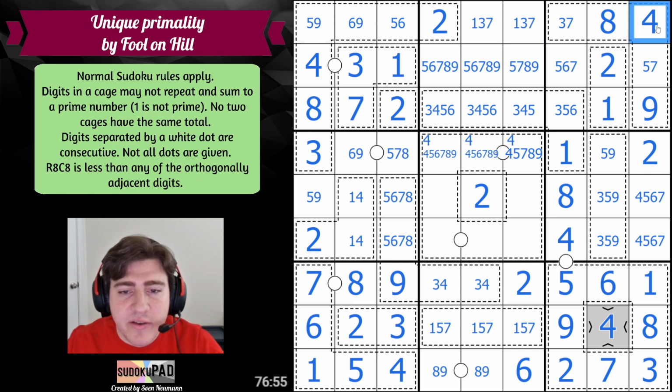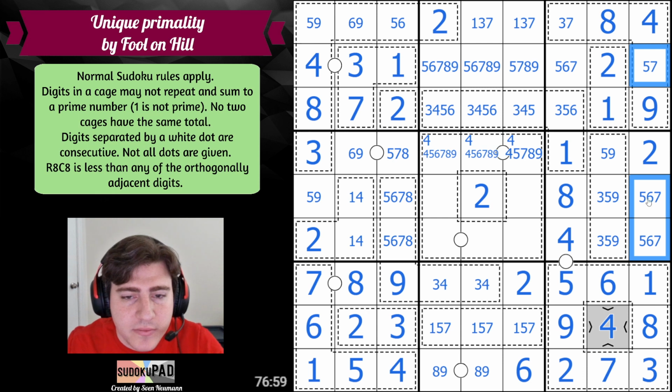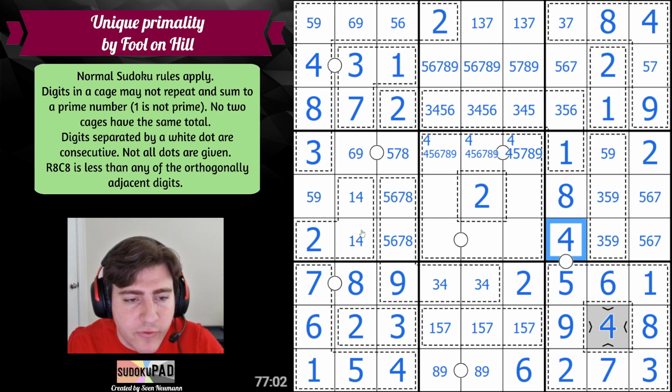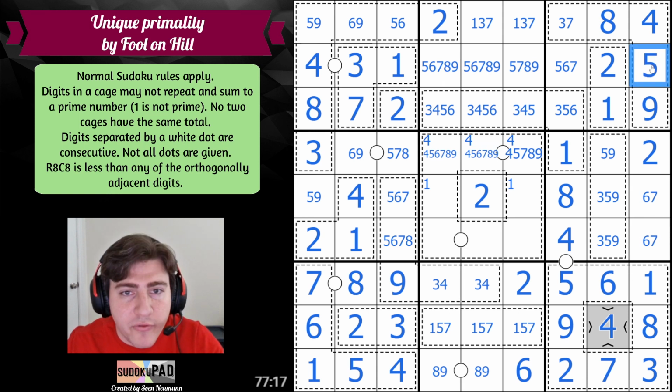It says 1, 3, 7, 4, 5, 6, 7, 4, 1, 4, 1. We'll go in one of these two squares. This can't be 8. 3, 5, 9, sorry. 6, 7. Where does 5 go? 5 has to go here. If this is 5, then we're left with this.